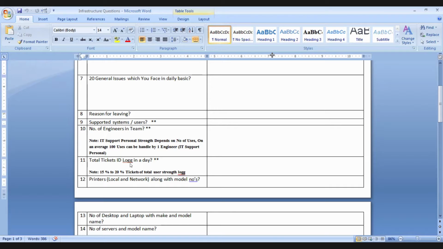The other role is remote support. In remote support, the persons sit in the IT department only. They have defined areas, and they do not reach the user's desk.